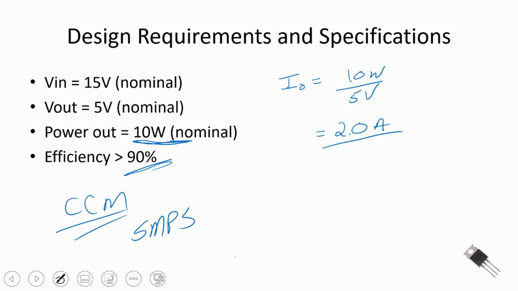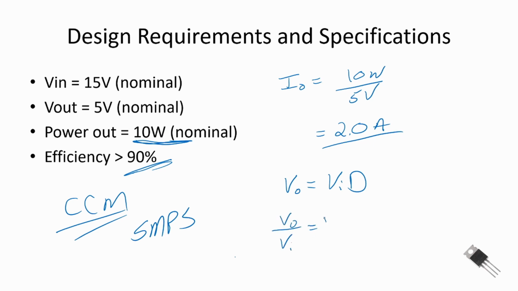And we can also estimate the duty cycle based on our input and output voltage. Recall that our output voltage Vout is equal to the input voltage times the duty cycle. Therefore, Vout divided by Vin will equal the duty cycle. Again, this is just an estimate.